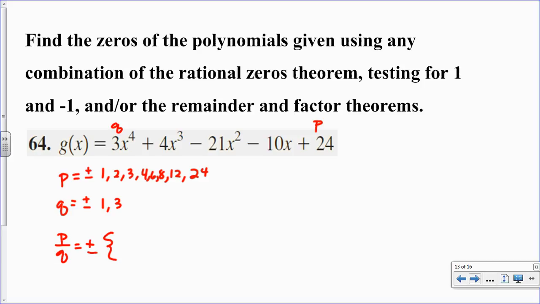And if you get more than one of the same number, you only need to write that number once. So it's all the P's over all the Q's.